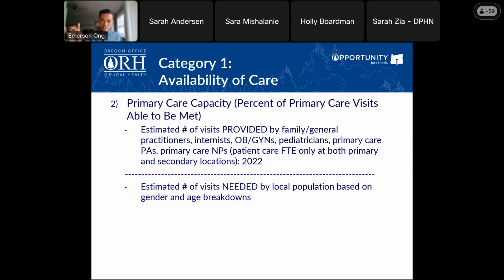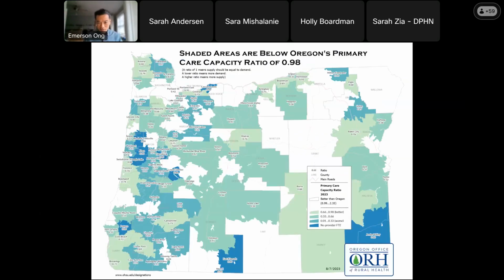So basically this is going to be estimated number of visits provided divided by estimated number of visits needed. Ideally the final equation would be 1 or more, meaning the number of visits provided is equal to the number needed, or there are actually more visits that are able to be provided. For the state as a whole, that number comes out to 0.98.